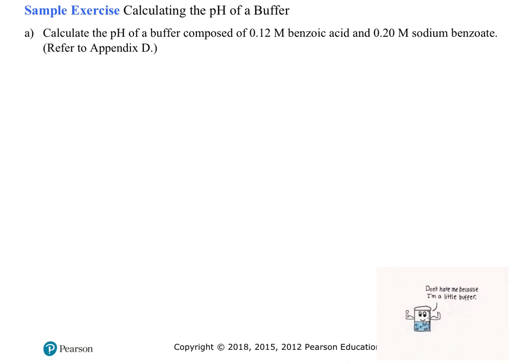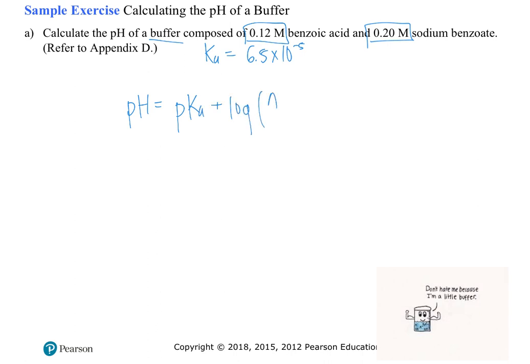Let's do another one. pH of a buffer that's 0.12 molar benzoic acid and 0.2 molar sodium benzoate. And keep in mind the Ka of benzoic acid is 6.5 times 10 to the negative 5. Okay, so I have a buffer. It has relatively high and similar concentrations, so I'm going to use my Henderson-Hasselbalch. pH equals pKa plus log of the base over the acid concentration.